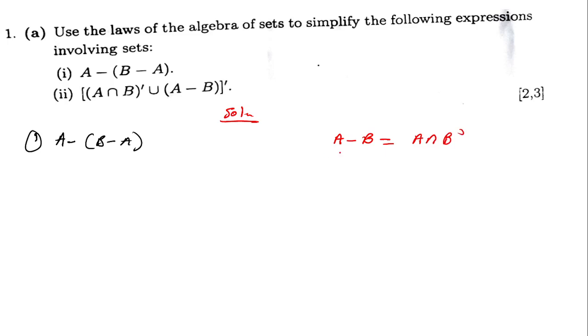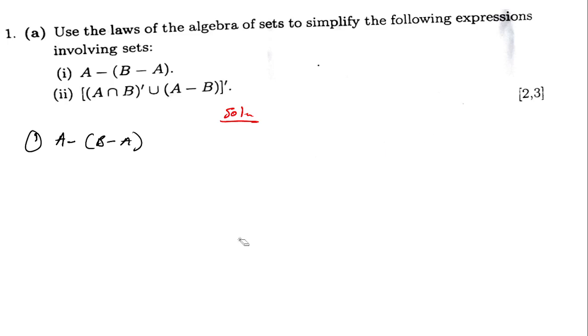The same applies with an expression like A minus B intersection C, which is the same as A intersection open bracket B intersection C close bracket complement. This is one of the rules that you are supposed to take note of as you try to solve these questions. I'm going to use this rule to work out this question.